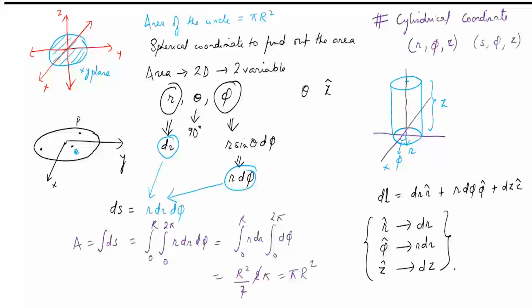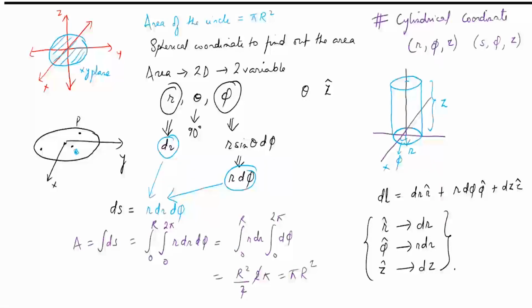Before I go, can someone tell me how to calculate the volume of a sphere? The volume of a sphere is the integration of the volume element. Since it is 3-dimensional, you write the triple integral of r square sine theta dr d theta d phi.